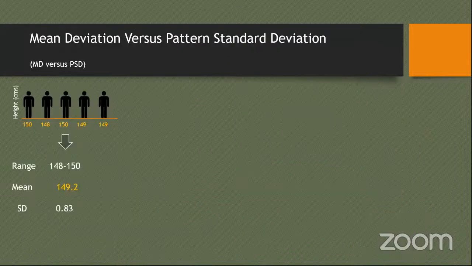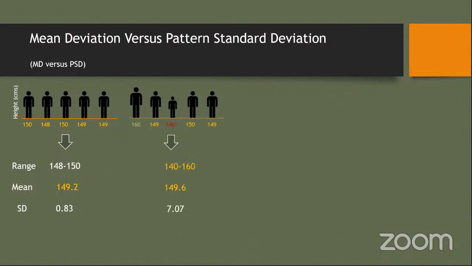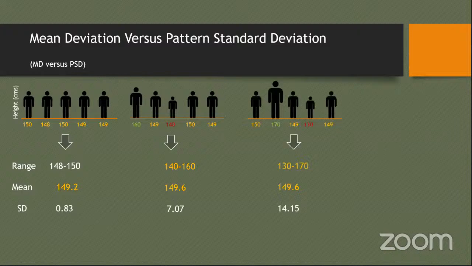This can be understood with this analogy. When the height variation is in a small range, the standard deviation is small. When the variation increases, the standard deviation also increases. Though there is a little change in the mean deviation, the range has changed drastically. If it changes further, again there is very little change in the mean deviation, but the standard deviation has changed.